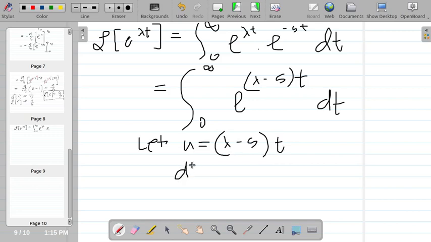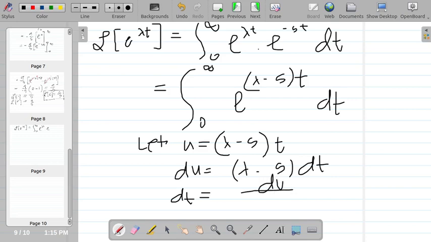So the derivative of u is just equal to lambda minus s dt. So to find the value of dt, it is just equal to du over lambda minus s.